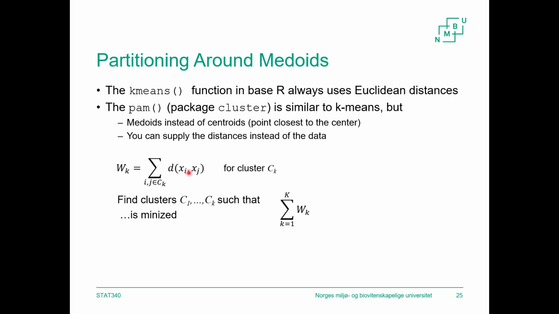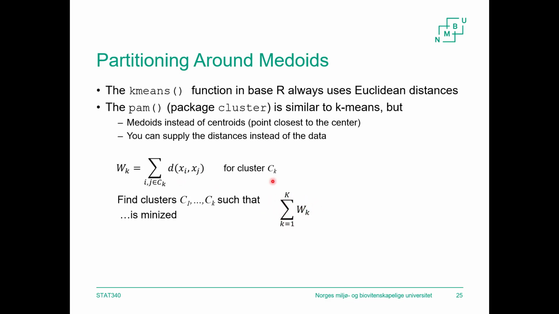And the algorithm is the same, except that when you recompute, instead of recomputing the centroids, you recompute the medoid, right? You see if the center changes from one member to another member in the group. So it has a tendency of converging a little bit faster, but this sum here is not as good as for k-means.